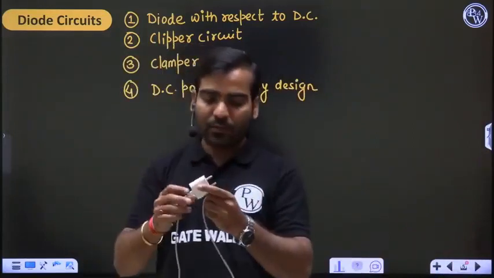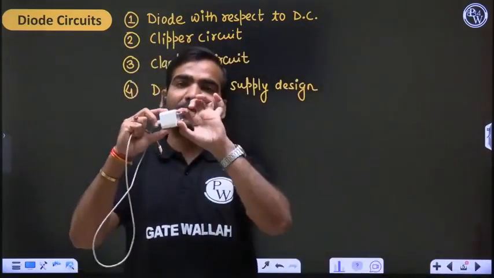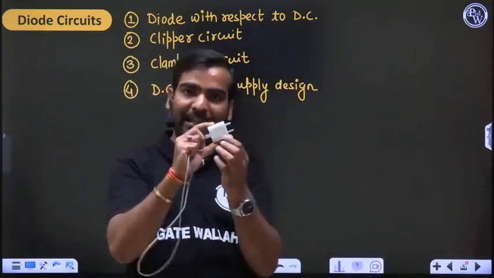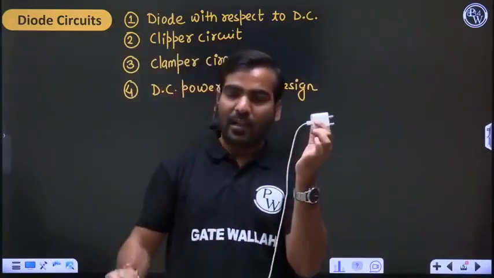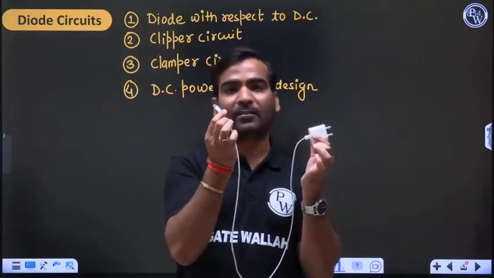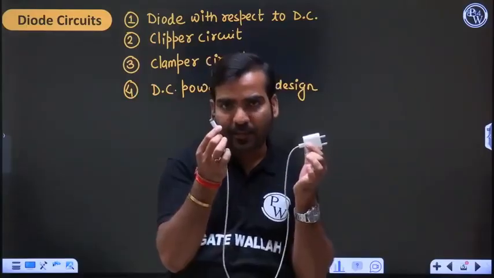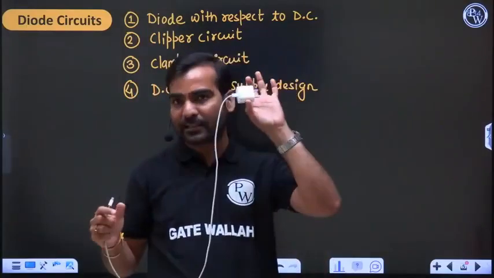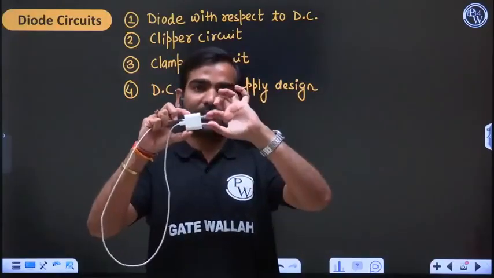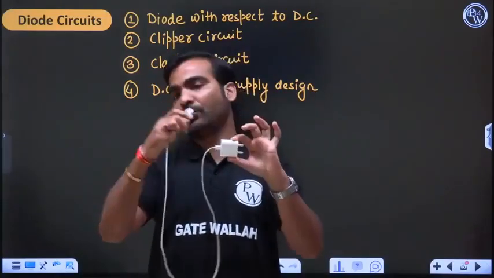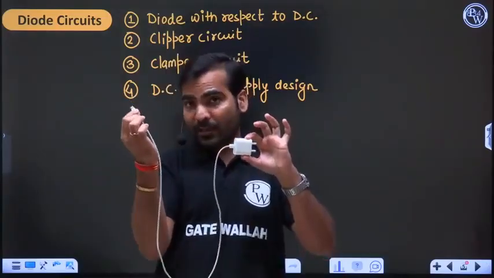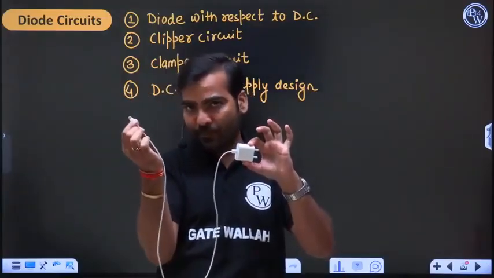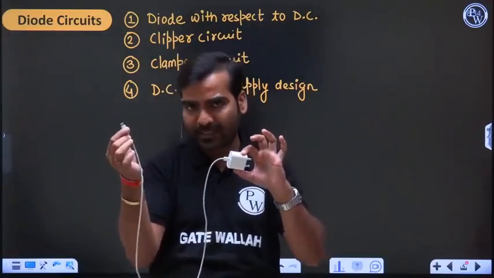The charger pin you plug into the AC source, and at this side you get some 5-volt DC. So this adapter has a circuit inside it that converts the AC power into some required value of DC, like 5 volts, 4 volts, 6 volts, whatever you want.